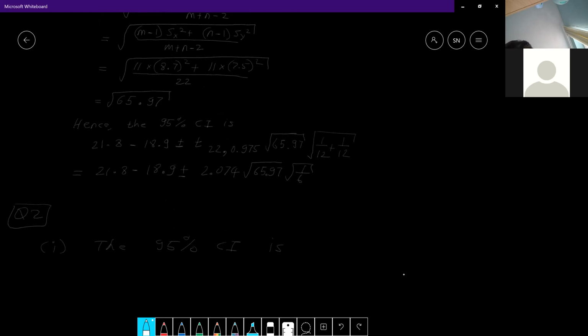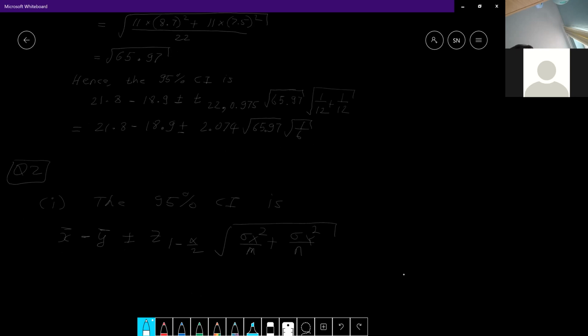If you look back in the notes, you will see x bar minus y bar plus or minus z, square root of sigma x squared, the population variance, divided by m, plus sigma y squared, the population variance for the second sample, divided by n. So this is the formula that you need to use.